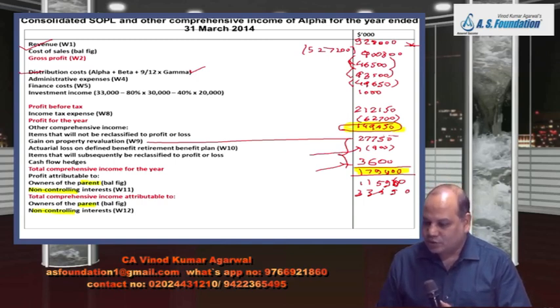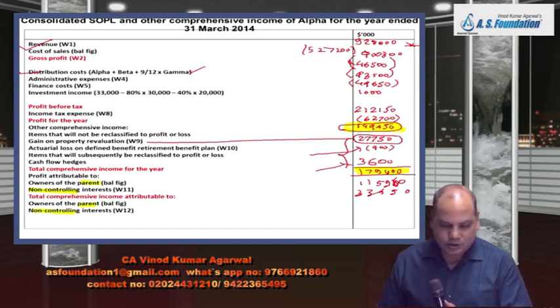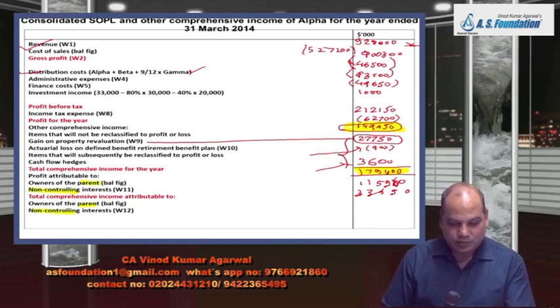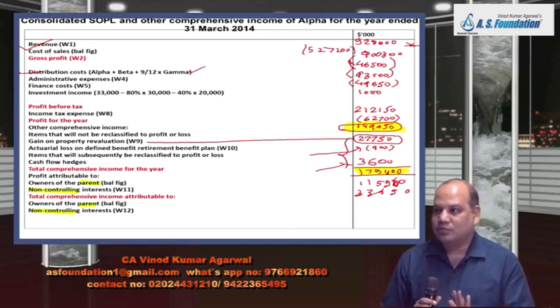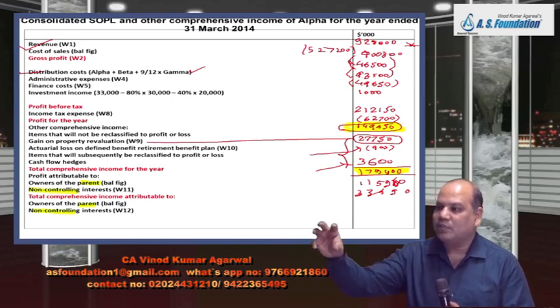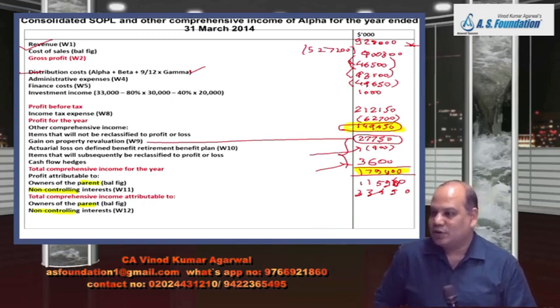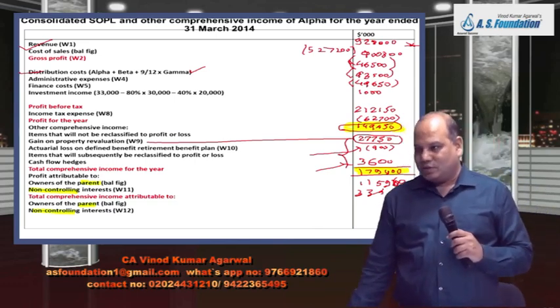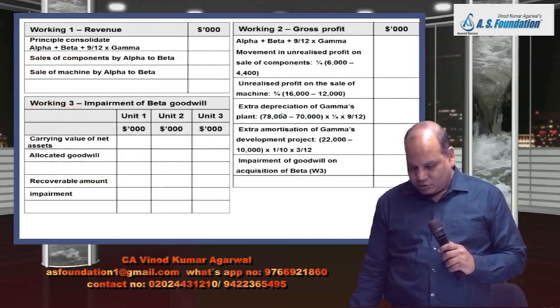And out of this 27,750, this is a revaluation gain. This has two parties involved. One parent alpha and one gamma. 12,000. Gamma is 12,000 before tax, and after tax 12,000 minus 25%. So what I'll do? Only for the gamma share will adjust in NCI. Is it right?